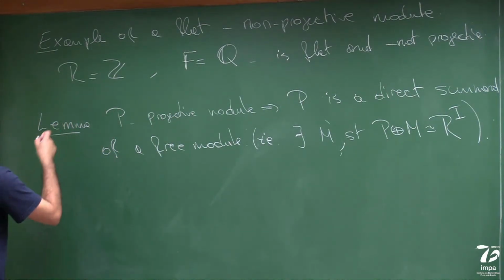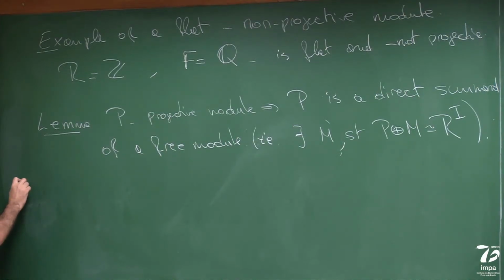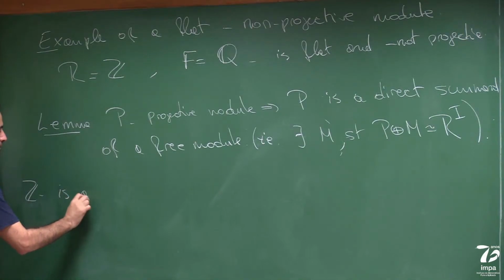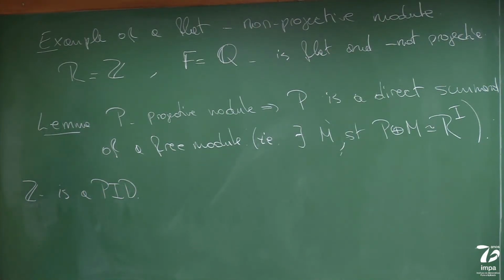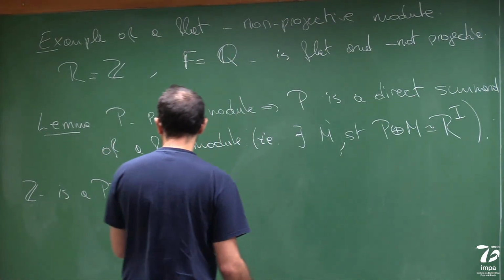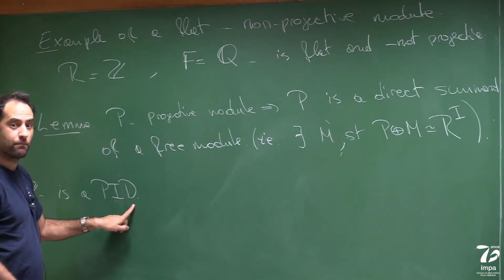The most general thing that I can state here is this beautiful property of principal ideal domains. Z is a principal ideal domain, and projectives over a PID are free.